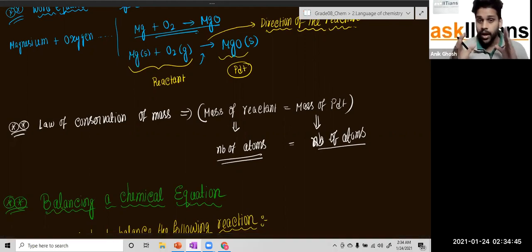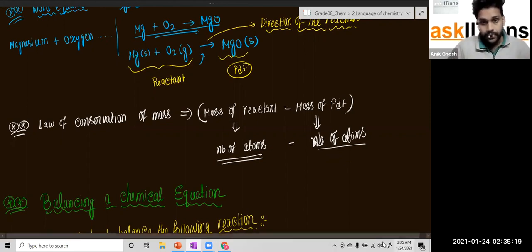We need to do the reaction in such a way that on the left side and the right side there is an equal number of atoms of each and every element, all the atoms equal on both sides. That is what you have to maintain. If you can do that, the law of conservation of mass is kept. It is our target to make both the masses equal.